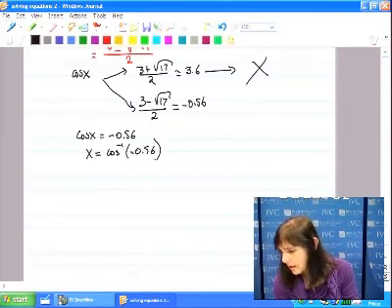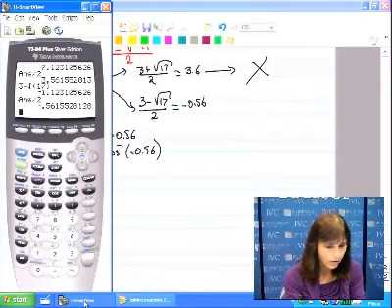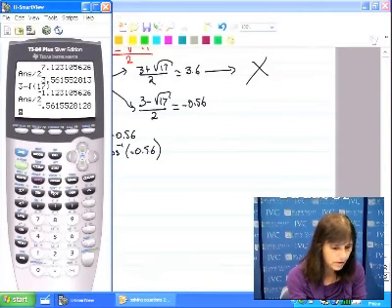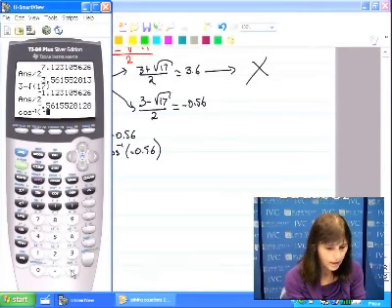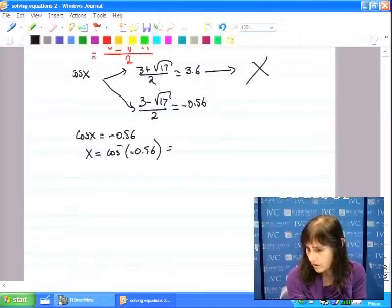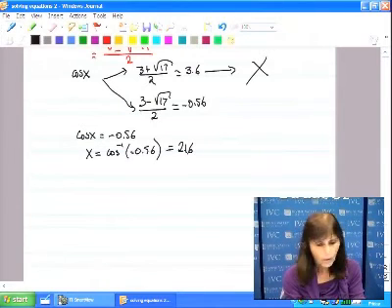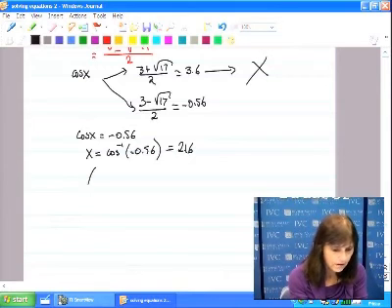What does that give me? So I'm going to go and get that from here. Cosine inverse of negative 0.56 gives me 2.16. Okay? Where is 2.16?